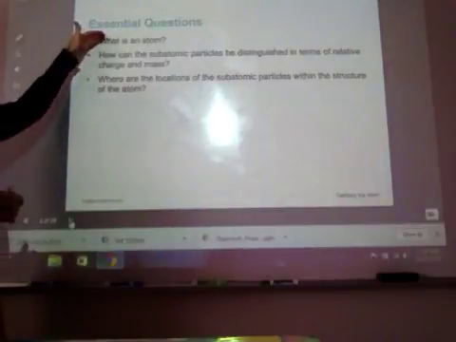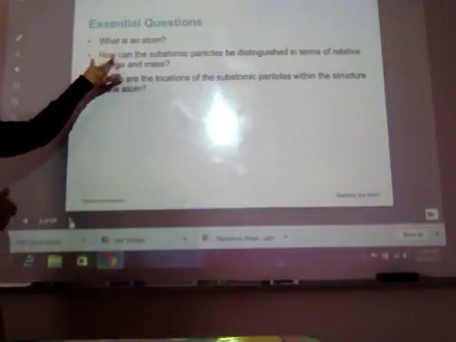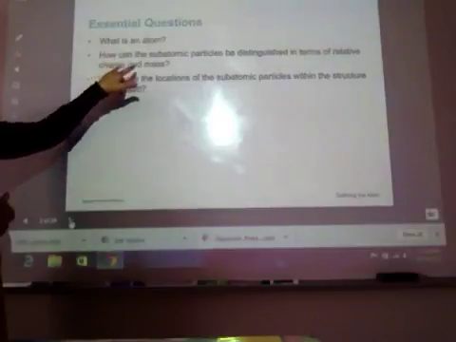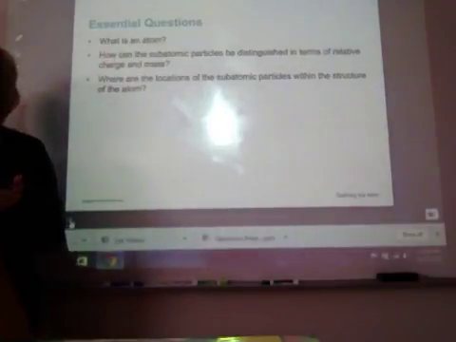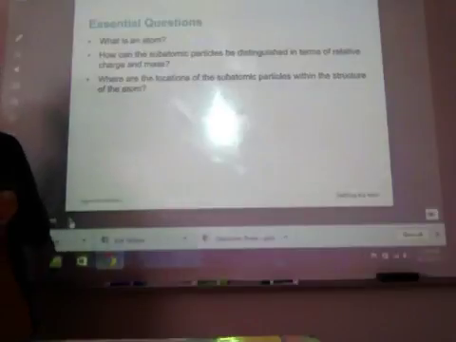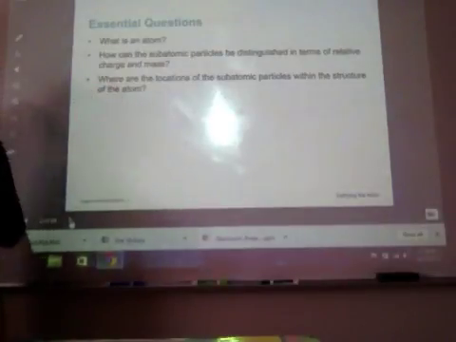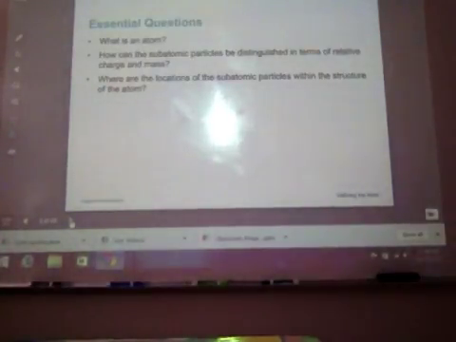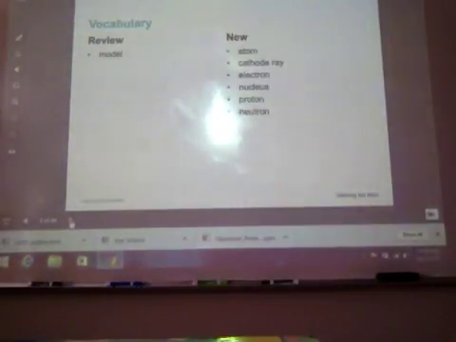Other things: what is an atom? How can subatomic particles be distinguished in charge and mass? I want to know what the charge of a proton is, what the charge of an electron is, and where they are located. Are they in the nucleus? Are they outside of the nucleus? Where are they at? There's the vocab.